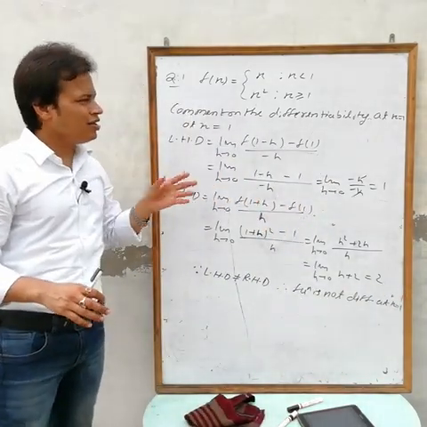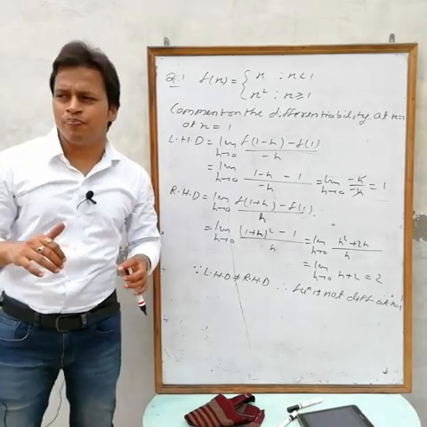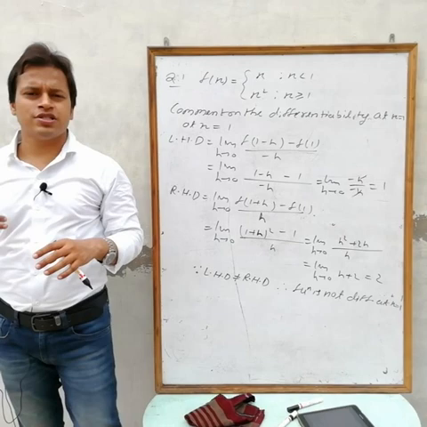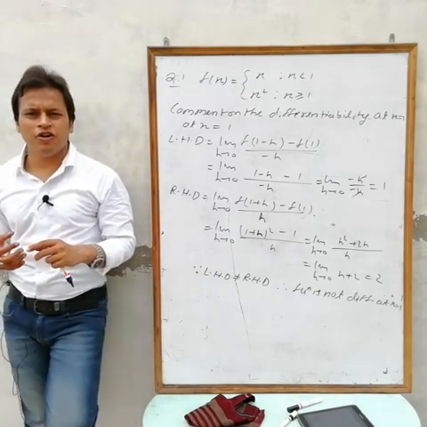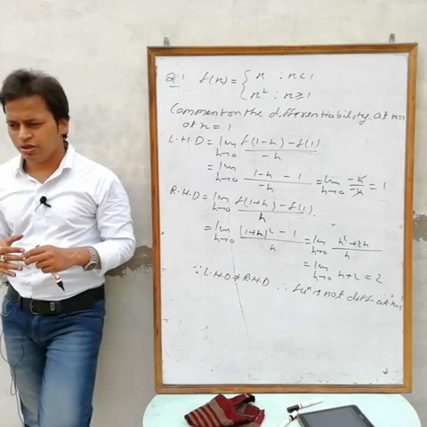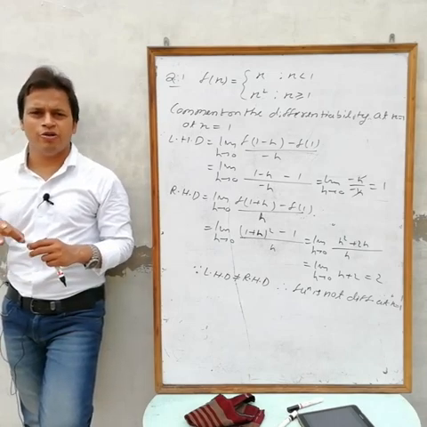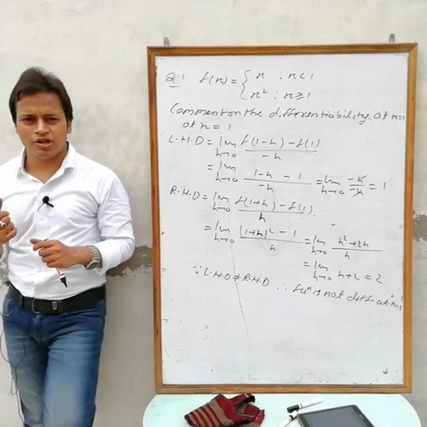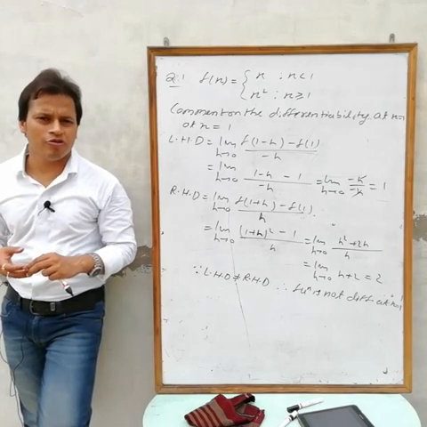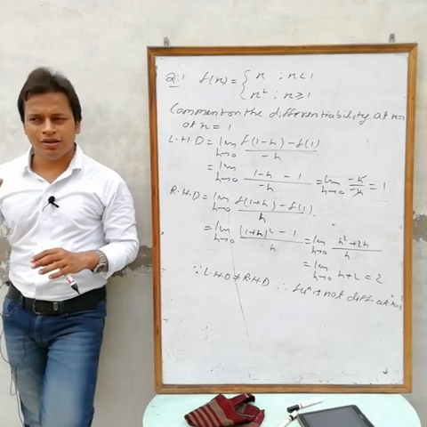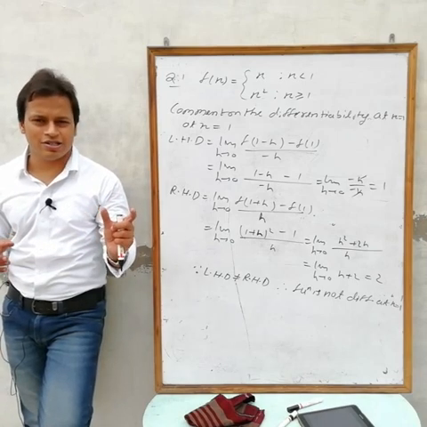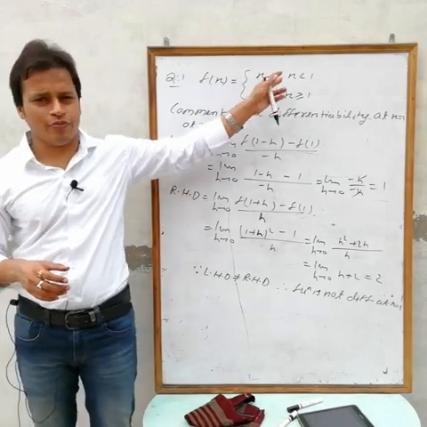Now at any other point this one is differentiable. Actually here at 1 we have a change in definition. Okay, but if you want to find the differentiation at any other point, then if you can differentiate the function, the function is differentiable. If you can't differentiate the function, then it is not differentiable. But that is for the case when only one expression is given as the function, not in defined form.